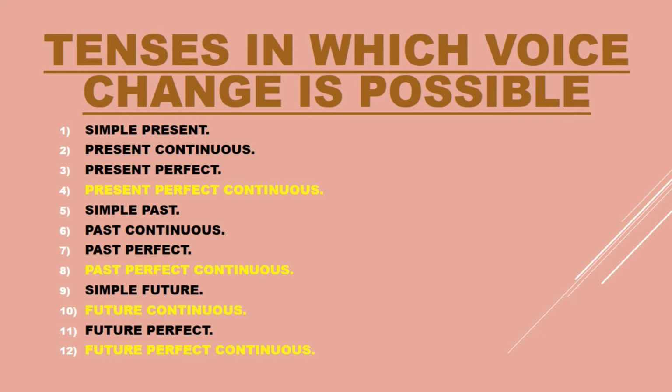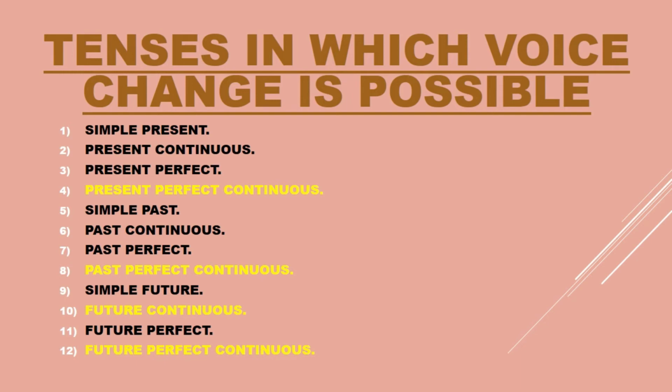In these 4 tenses, we can't change any sentence into passive voice. So voice change is possible only in the remaining 8 tenses, that is simple present tense, present continuous tense, present perfect tense, simple past tense, past continuous tense, past perfect tense, simple future tense and finally future perfect tense. And the other 4 which I have just told you, those written in yellow color, cannot be transformed into passive voice.